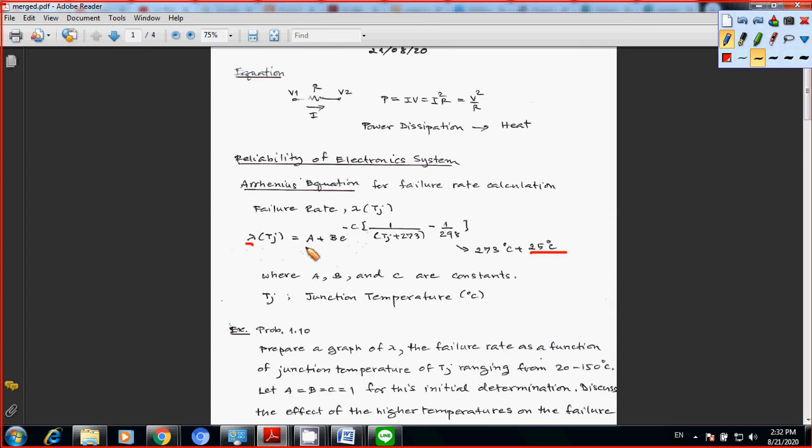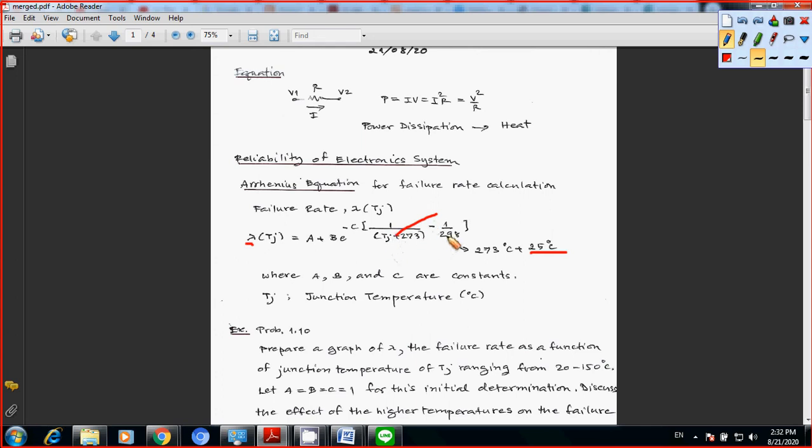And now let's consider a very, very high temperature, to make it easier to analyze. When Tj is very high, this term drops compared to 1 over 298, right? Because the denominator is very large, so this term is very small compared to that term.